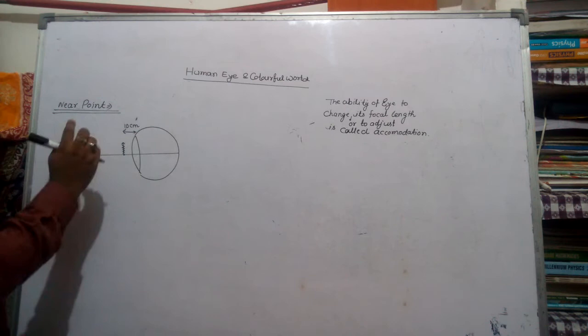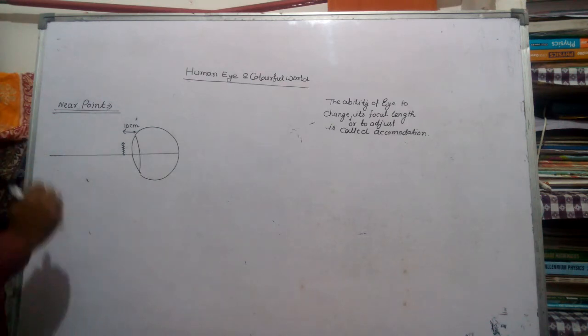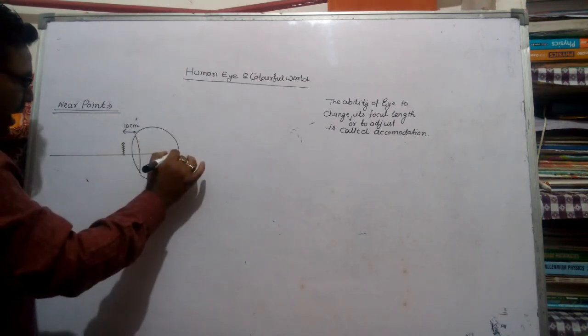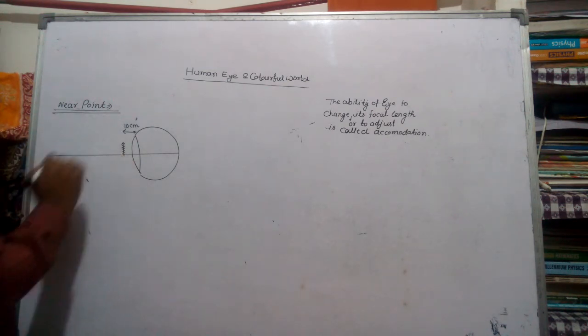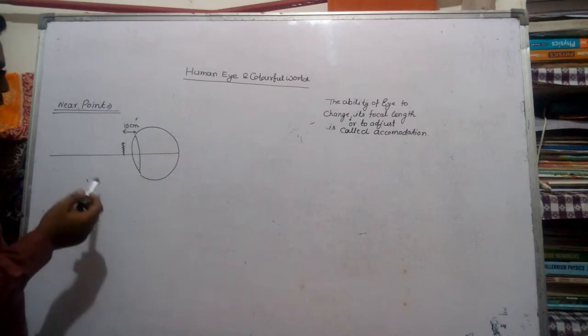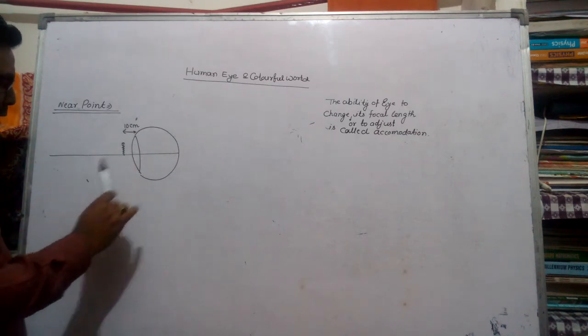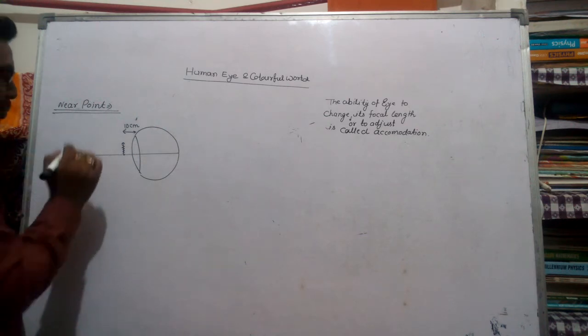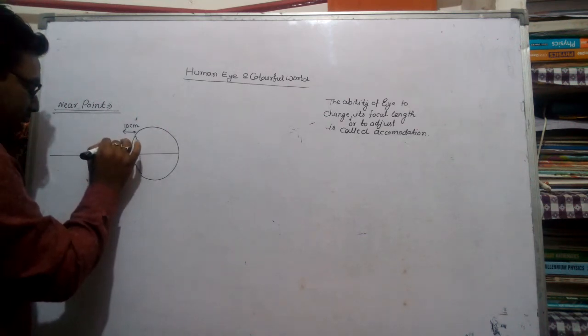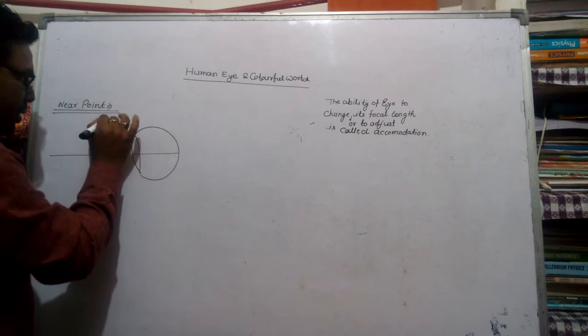This symbol denotes the image is blurred. We can't see the object clearly at the retina. Retina is the place where the image is formed by the object. So when the object is placed 10 centimeter away, the image is not formed at the retina. The image is blurred.